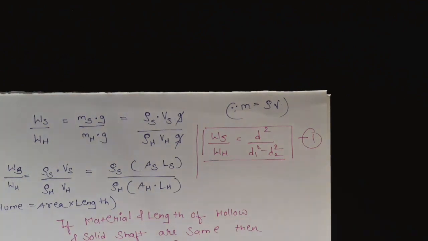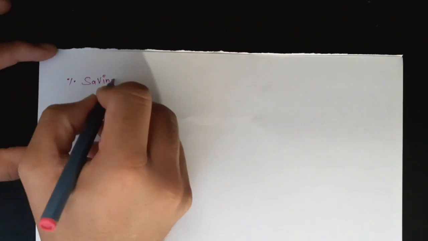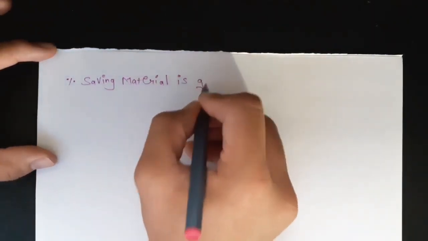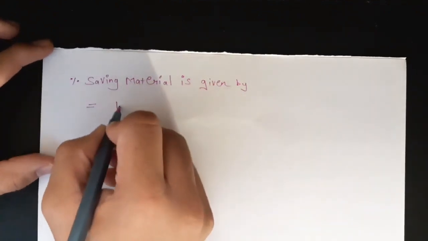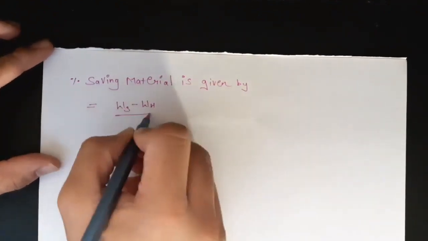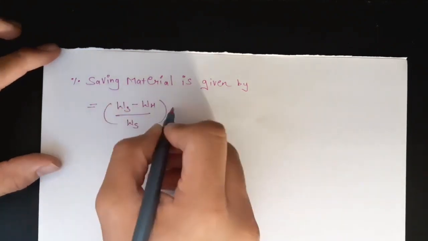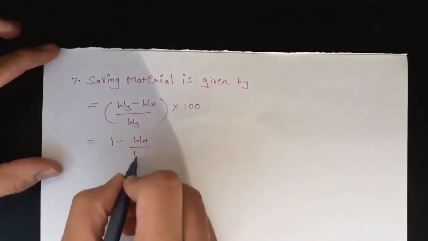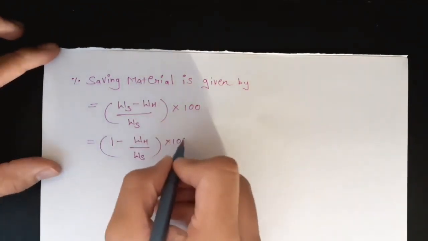Now we will see the percentage saving in the material. Percentage saving in material is given by Ws minus Wh upon Ws into 100, that is 1 minus Wh upon Ws into 100.